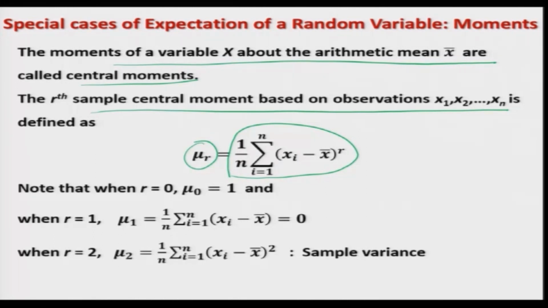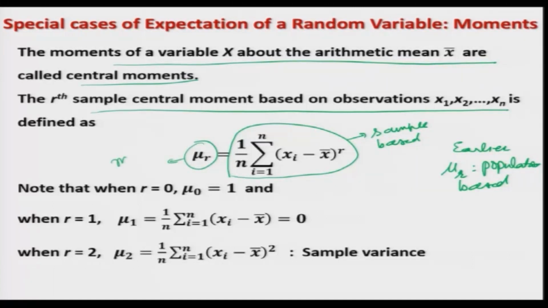One point I would like to make clear is that this quantity is sample based, whereas earlier we had defined mu r which was population based. So ideally this symbol mu r, which I am using here to indicate the rth central moment, should be something like m r or something.